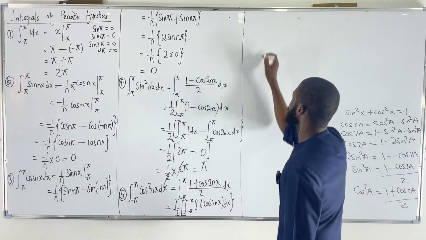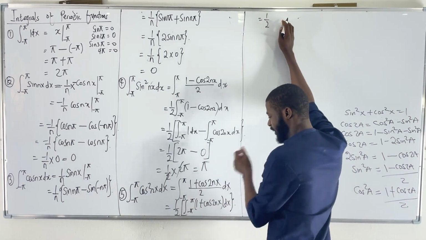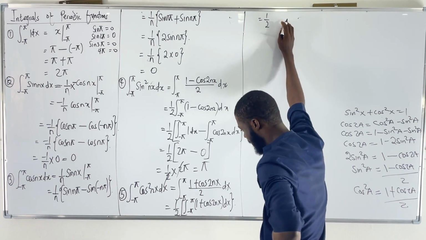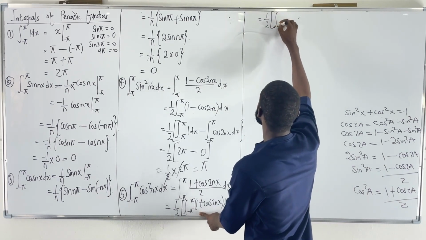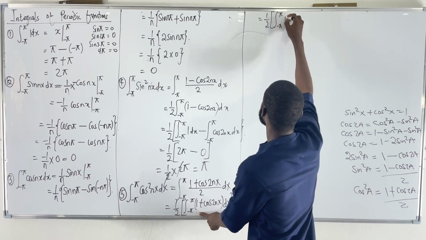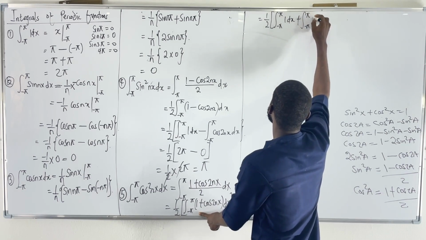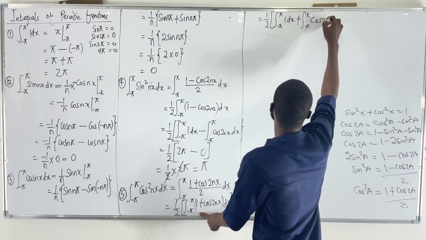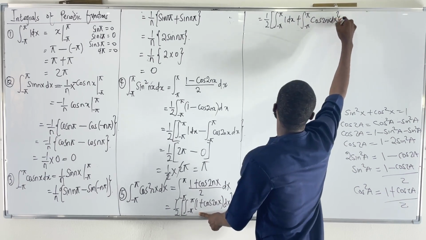So this is half, and this very value we have here, let me expand the integral. So this is the integral from minus pi to pi of 1 dx plus the integral from minus pi to pi of cos 2nx dx.